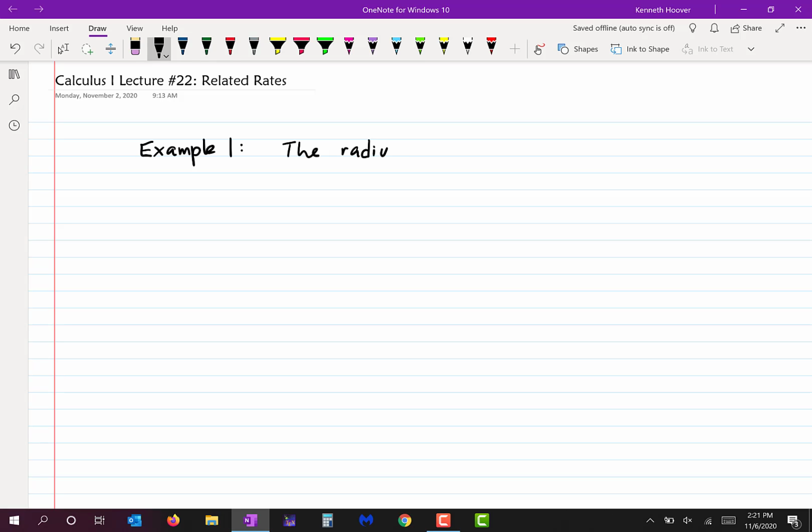The radius of a circle is growing at a rate of 5 inches per hour. At what rate is the circumference growing?